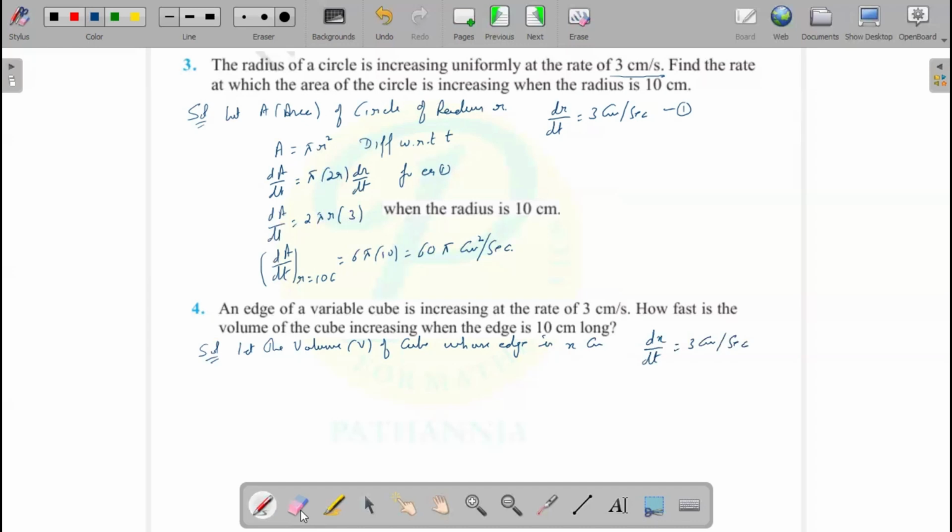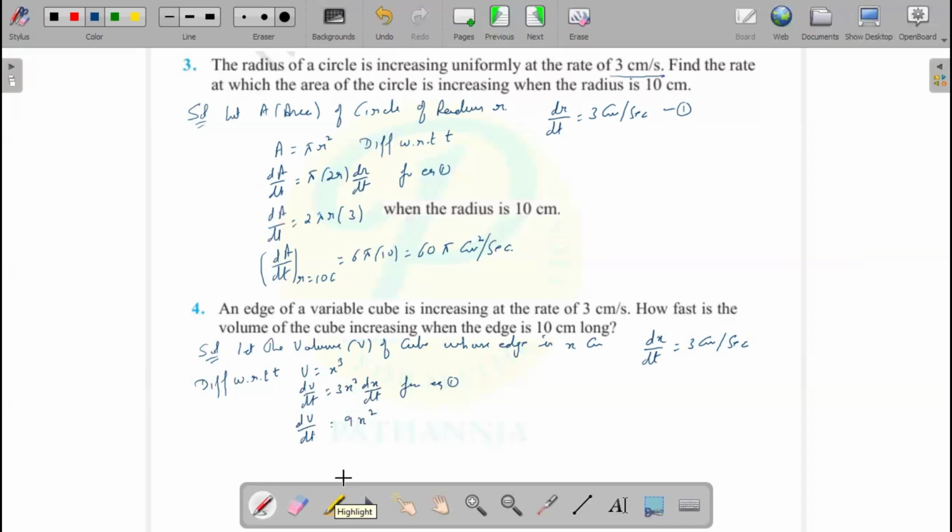Now he asks how fast the volume of a cube is increasing. So again you have to differentiate with respect to time. So dV upon dt is 3x square dx upon dt, but from equation first, the value of dx upon dt is 3, so this is 9x square.